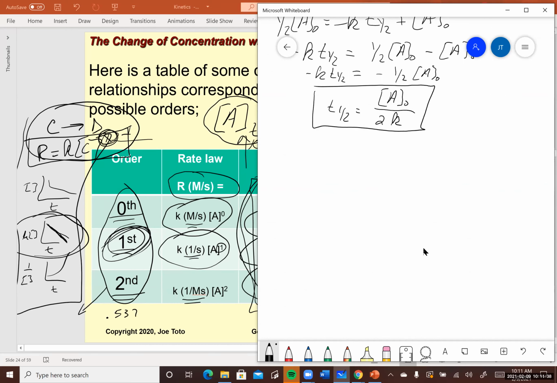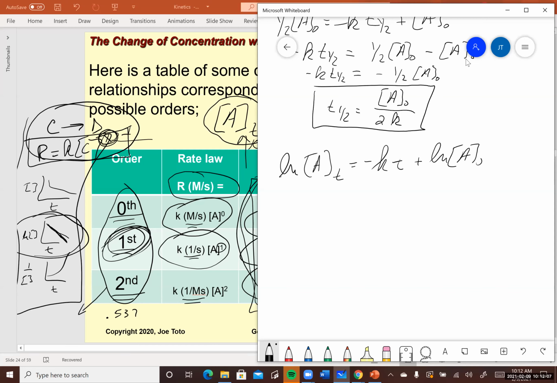All right, for first order, the equation is ln concentration equals minus KT plus ln A0.